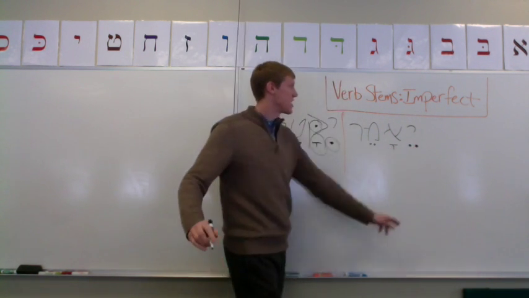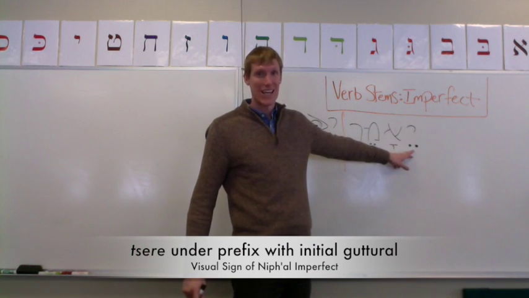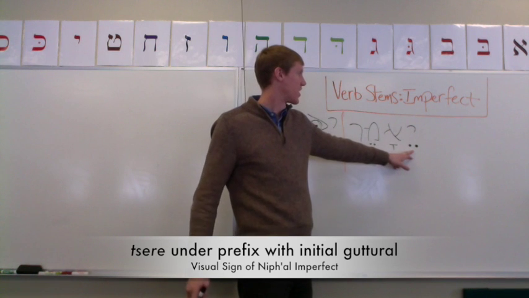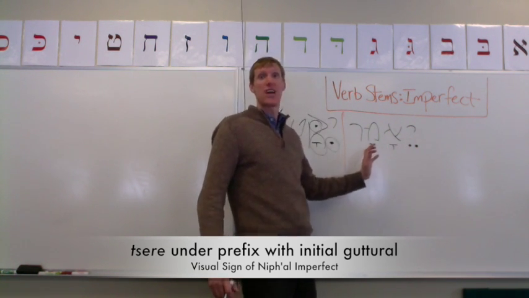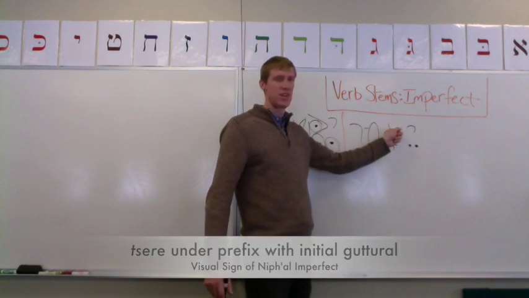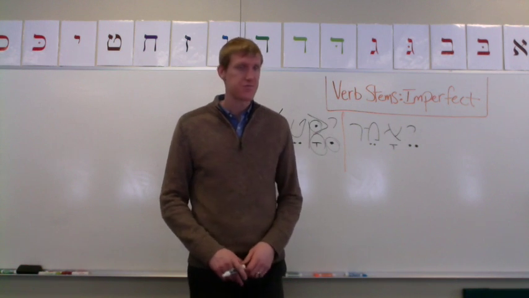So, what's a rejected dagesh forte to do other than come and bunk up with the hirik? So the hirik is lengthened. It's called compensatory lengthening, which you may recall that phrase. The vowel, the hirik, lengthens to compensate for the rejection of the dagesh forte in the aleph.